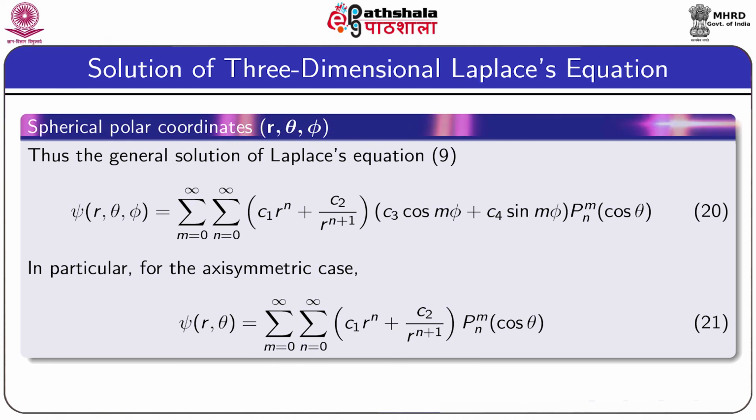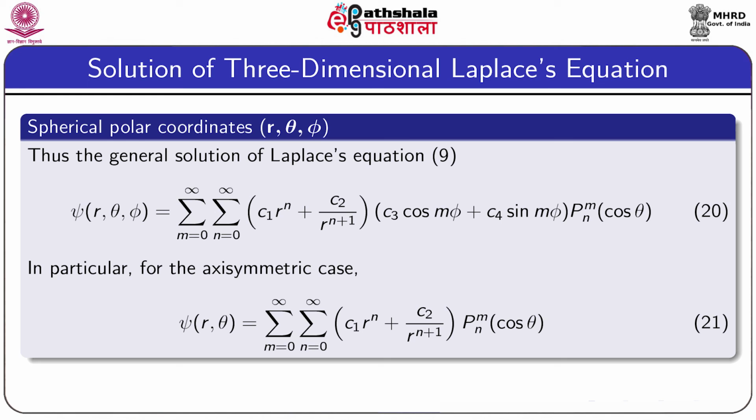Now, if we look at the general solution in spherical polar coordinates, which is written in equation number 20, from this solution we want to derive the solution of this problem which satisfies the given boundary conditions.